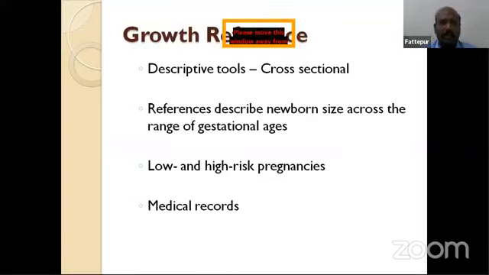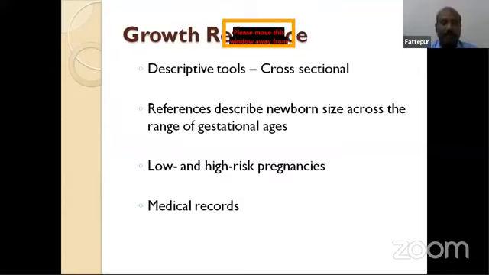These are just descriptive tools. They had taken the data cross-sectionally from many of the babies who were born. They have taken the measurements. The reference describes newborn size across the range of gestational ages. They included both healthy and unhealthy pregnancies and healthy and unhealthy babies also.